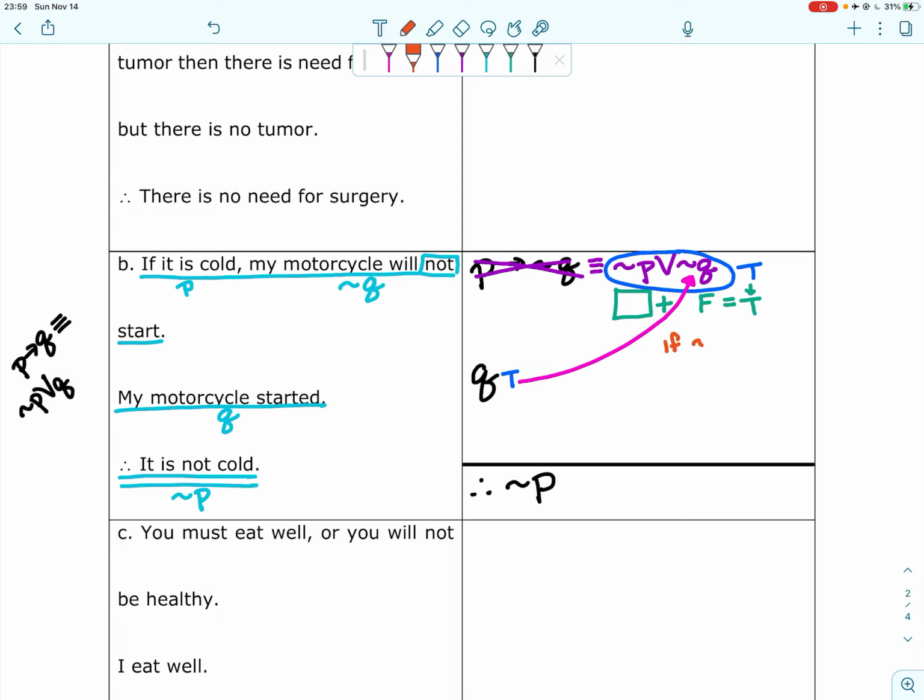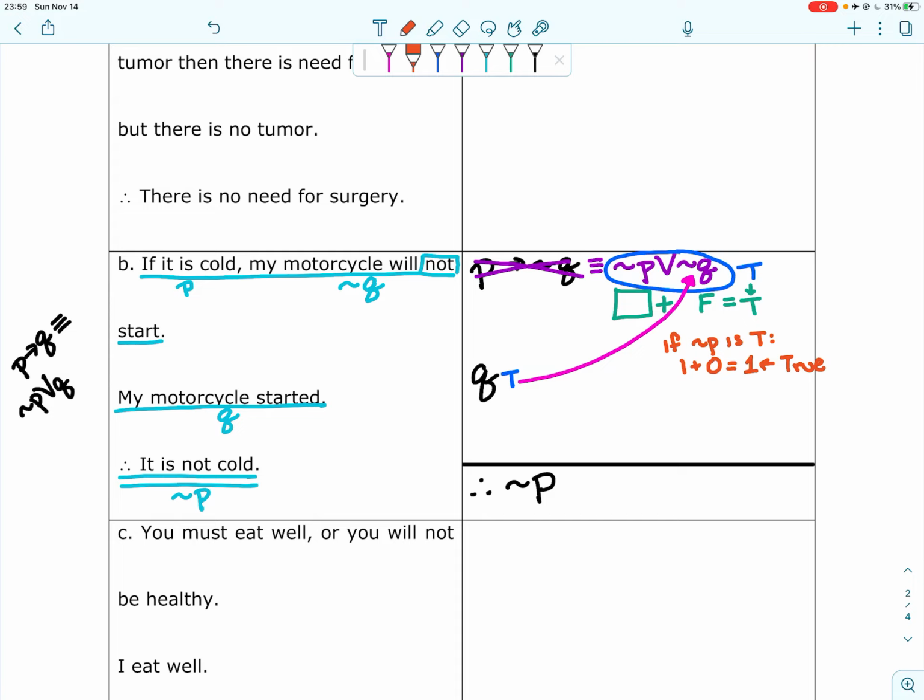If not P is true, not P would be a 1, plus a false statement, which is 0. 1 plus 0 equals 1. 1 represents a true statement, and that's what we want to end up with.